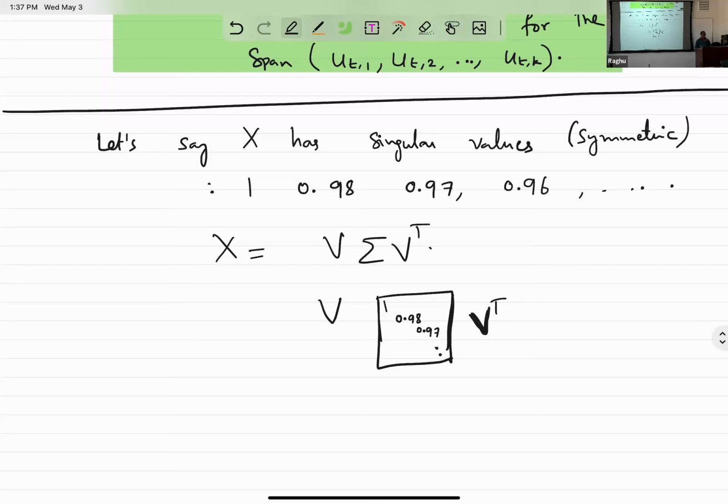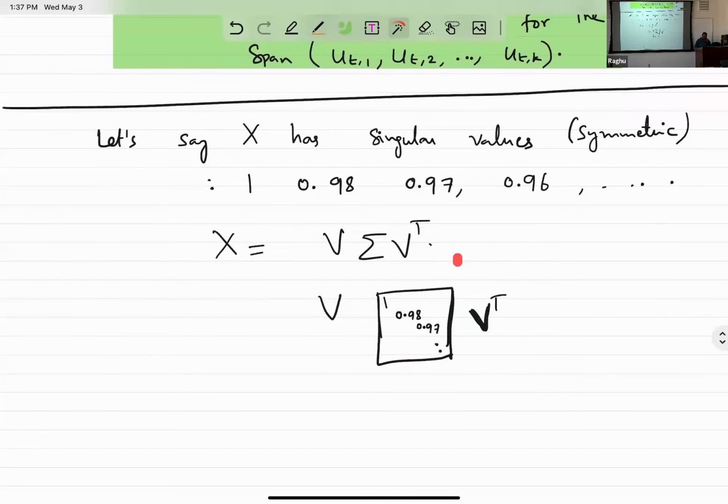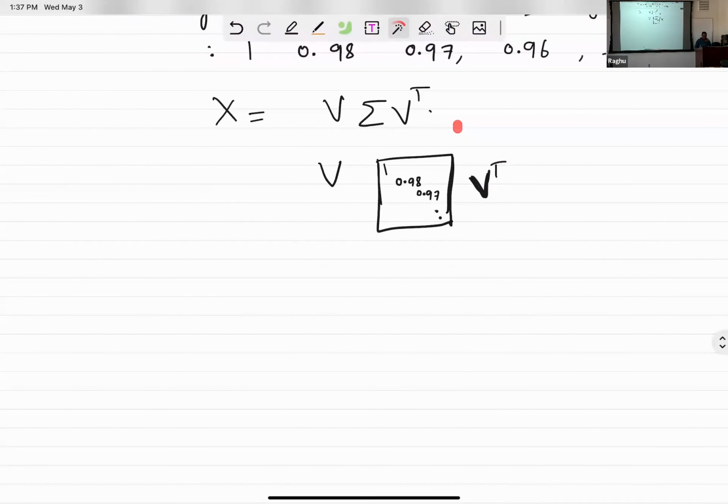Because the gap between the first and the second is very small, converging to the first takes much longer. But somehow, you can do some cheap tricks. So let's say the first one is 1, the rest are 0.98, and something like the rest are 0.97.